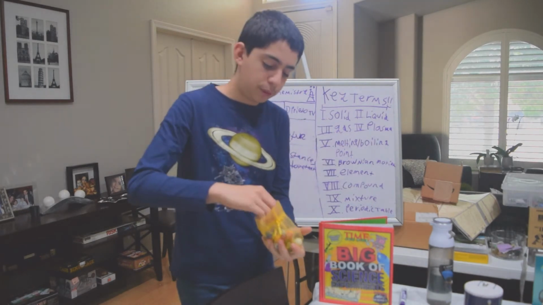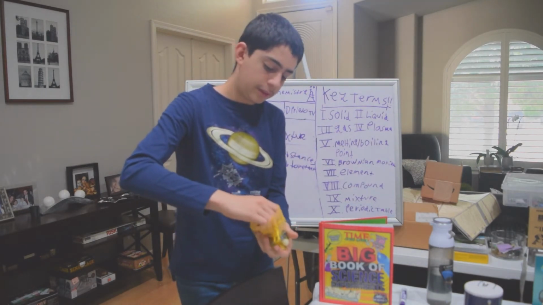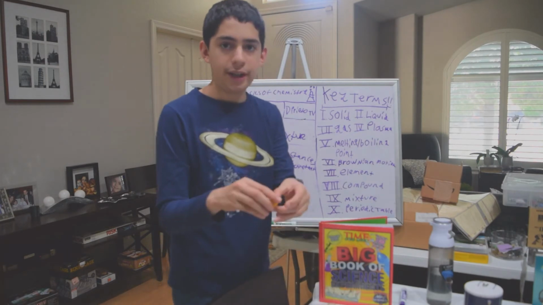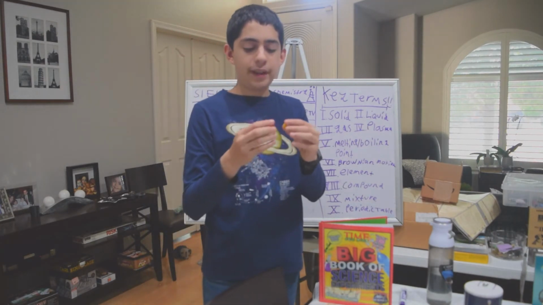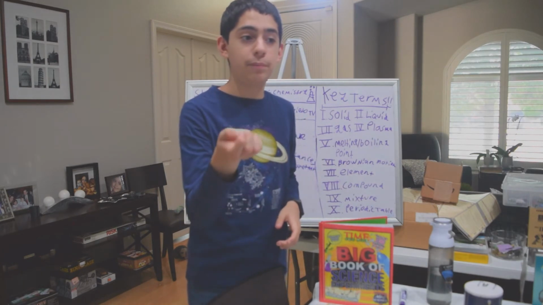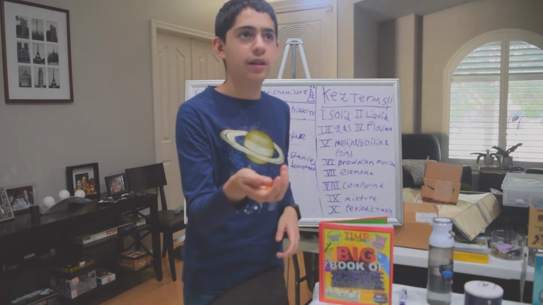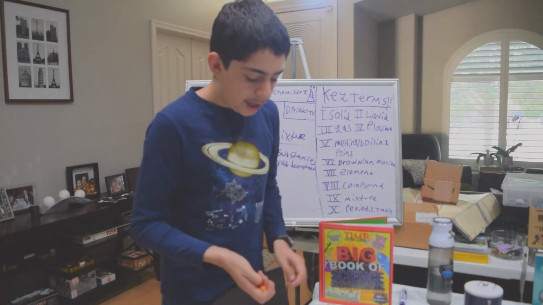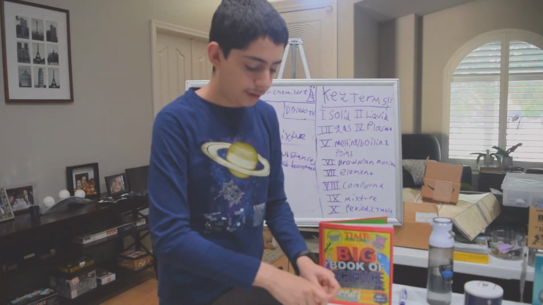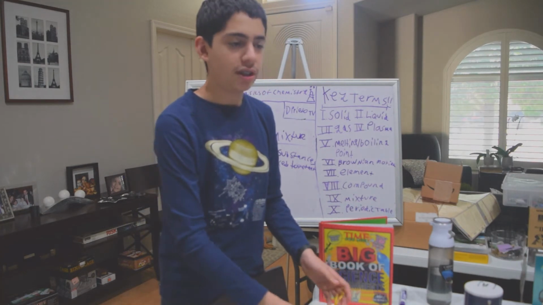Let me pull out two marbles. I have a red and an orange marble. A compound would fuse them together, so they would be a darker red. Mixtures just put them together. They don't fuse them. They're just side by side.